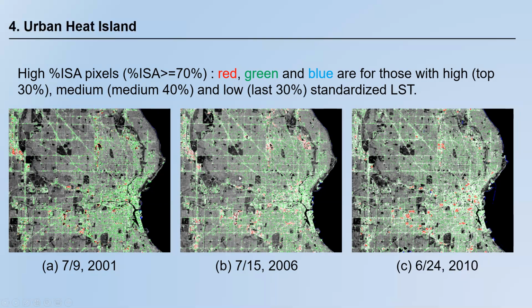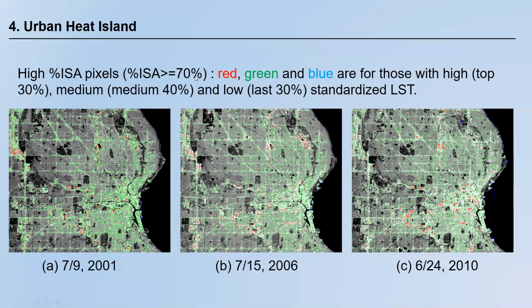I painted high percentage ISA pixels with three colors, red, green, and blue. They are for those with high, medium, and low standardized or normalized land surface temperature. What does this mean? It means that no matter red, green, or blue, they are all pixels with very high percentage ISA, equal to or larger than 70%.